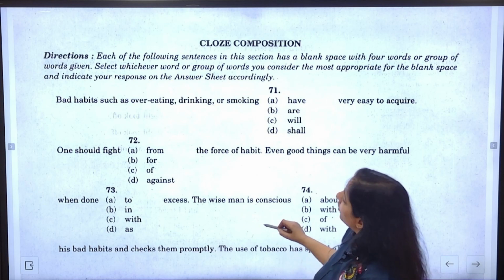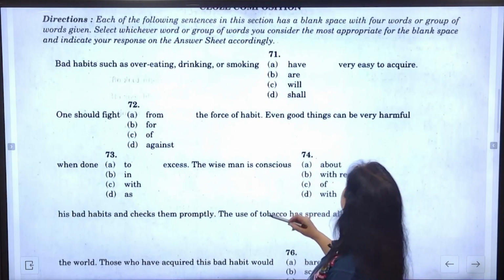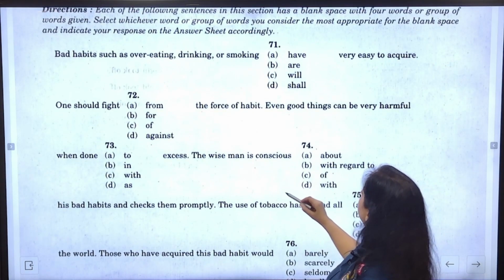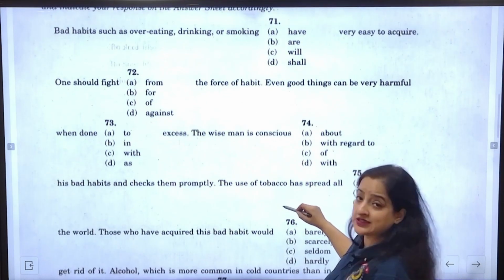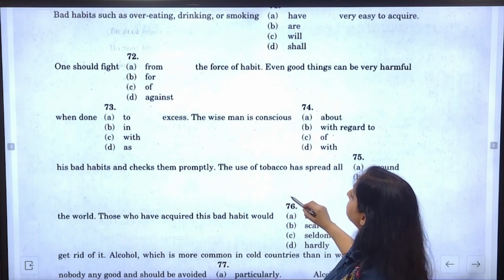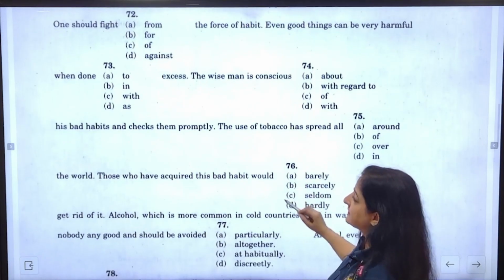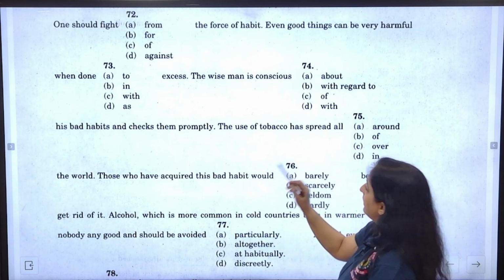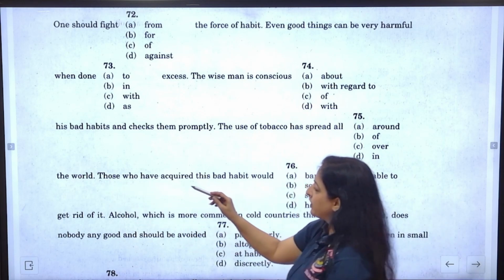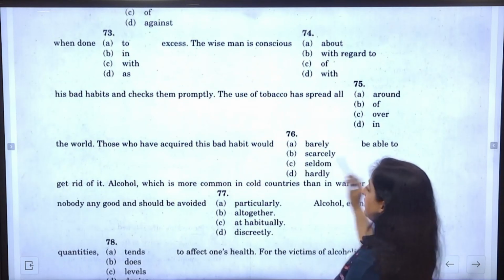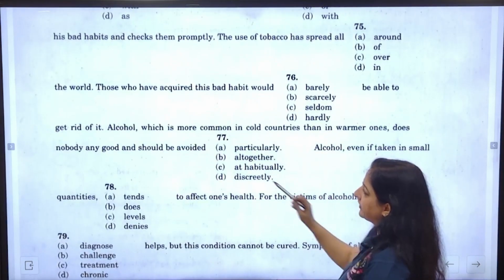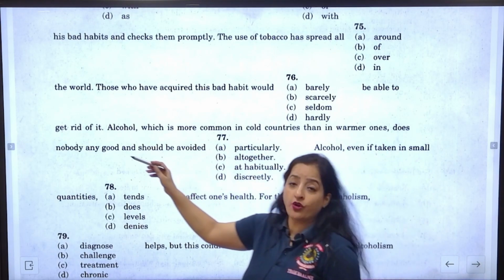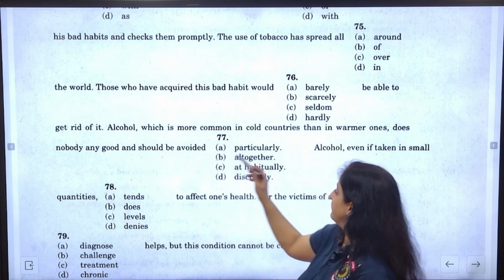Bad habits such as overeating, drinking, or smoking, very easy to acquire. One should fight the force of habit. Even good things can be very harmful when done excess. The wise man is conscious of his habits and checks them promptly. The use of tobacco has spread all the world. Those who have acquired this bad habit would be able to get rid of it. Alcohol, which is more common in cold countries than in warmer ones, does nobody any good and should be avoided.